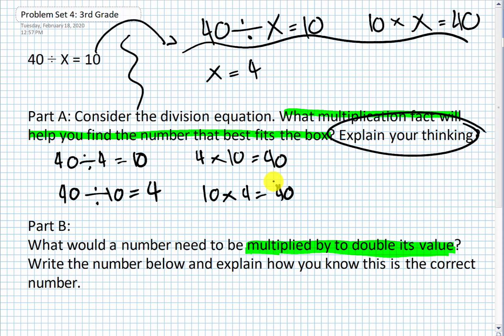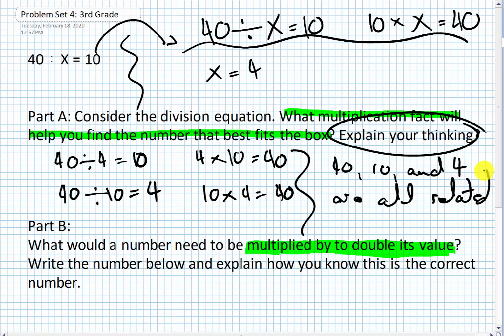Okay, so the way that I would explain my thinking here in this problem is I would say 40, 10, and 4 are all related in the fact family. Let me create some space for myself.